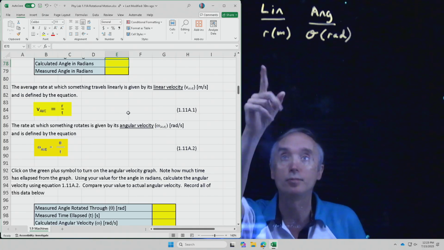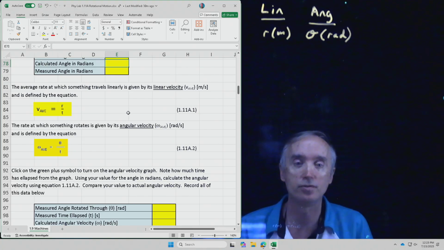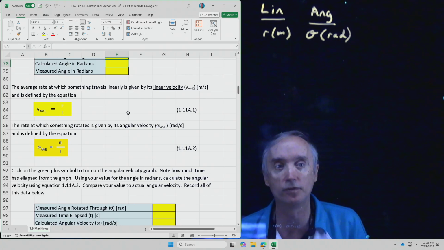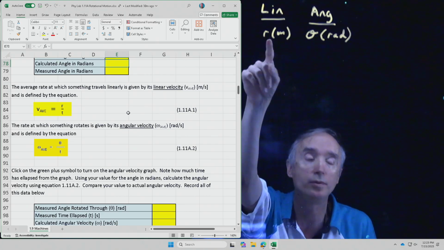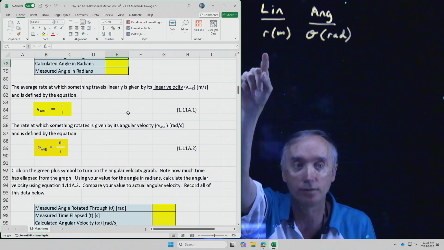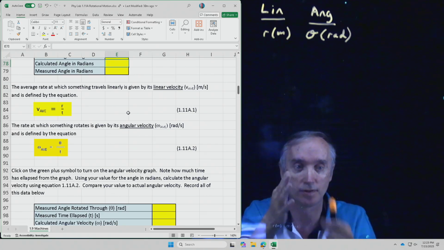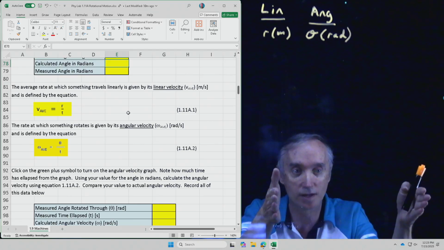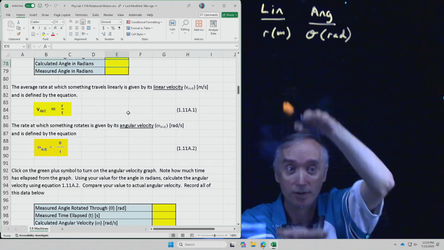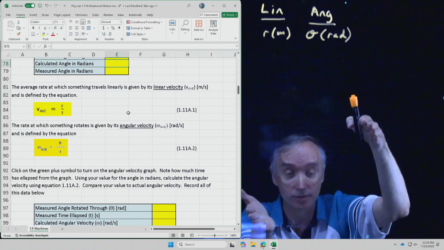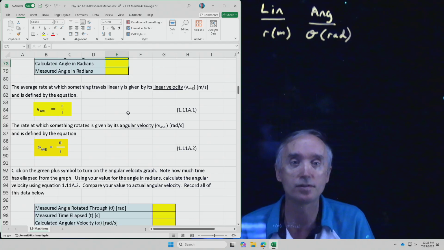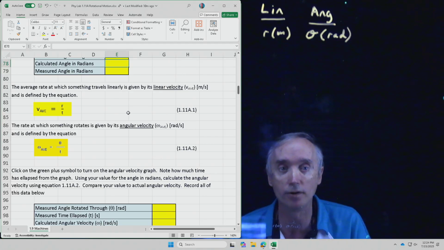Back, and so I've written up here at the top the two concepts that we've talked about so far. We've talked about what we mean by linear distance, the distance that something travels sideways or up and down or even like this. A linear distance is given by the letter R and is measured in meters.